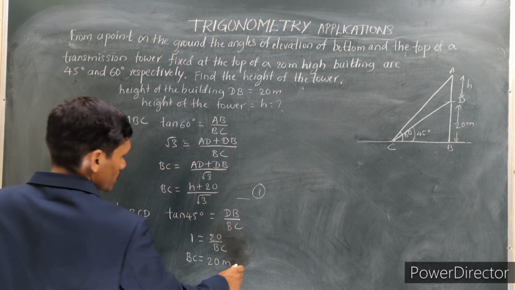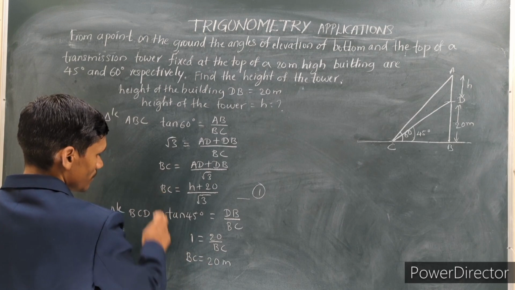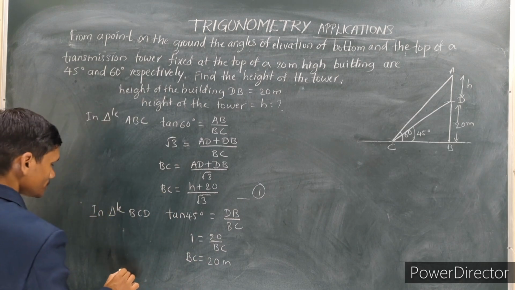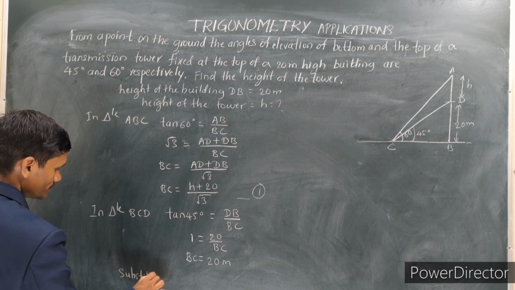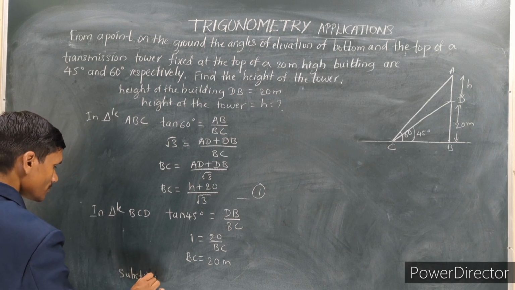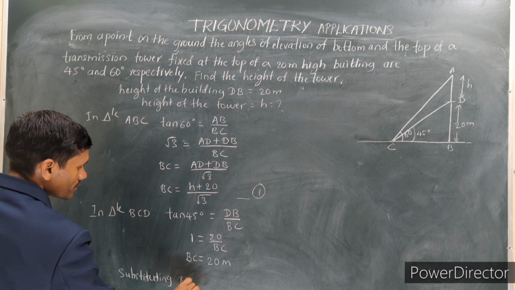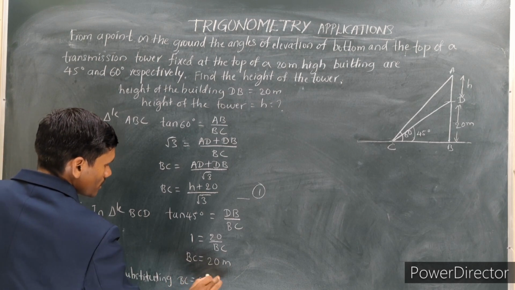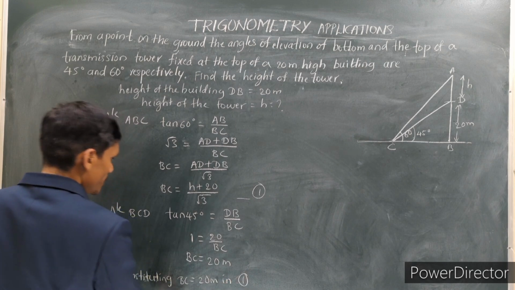Now let us substitute the value of BC in equation 1. Substituting BC is equal to 20 meter in equation 1, what do we get?